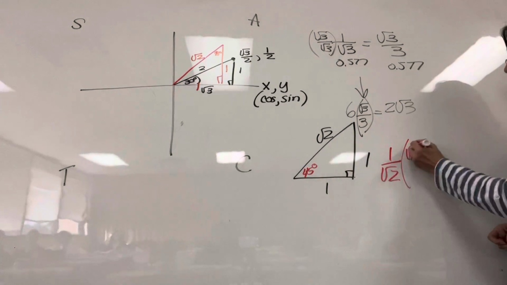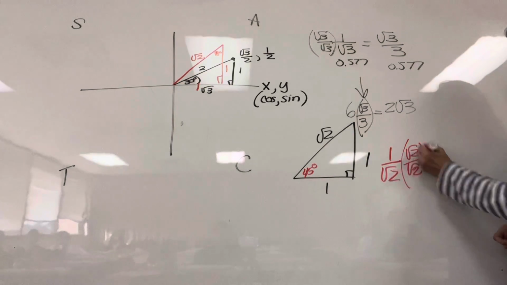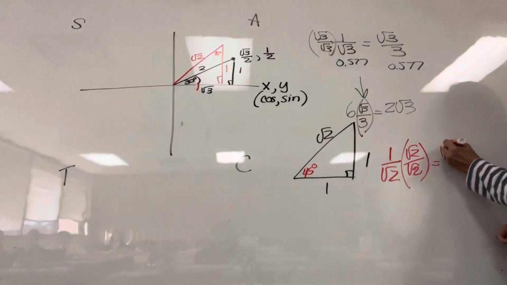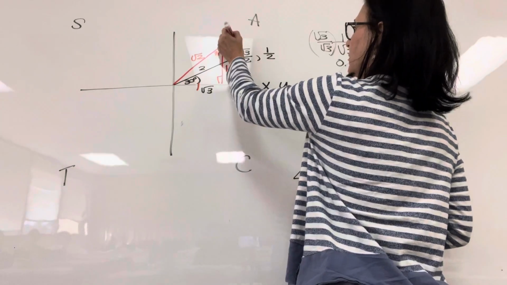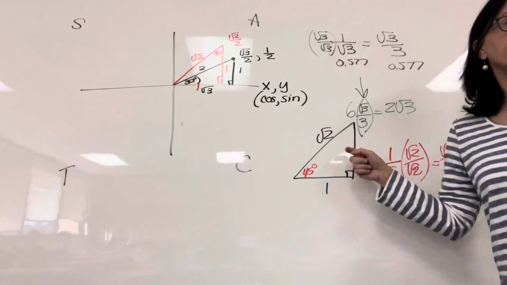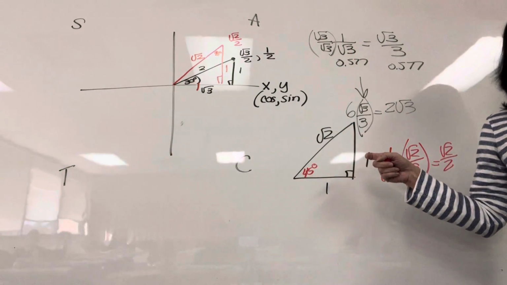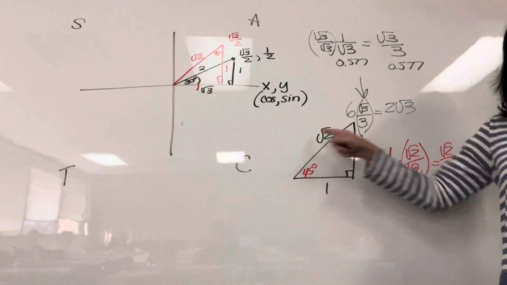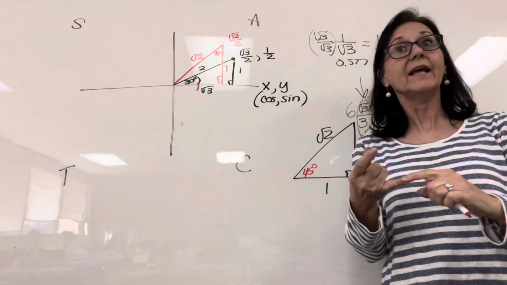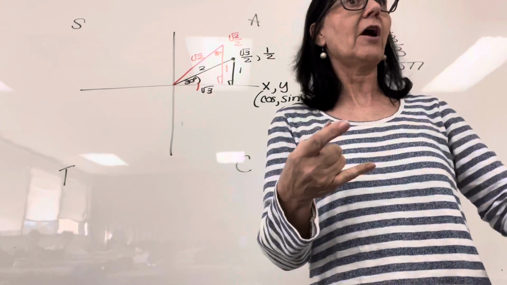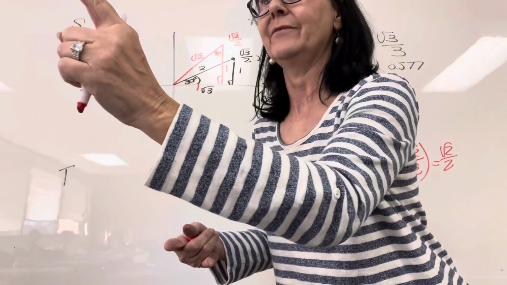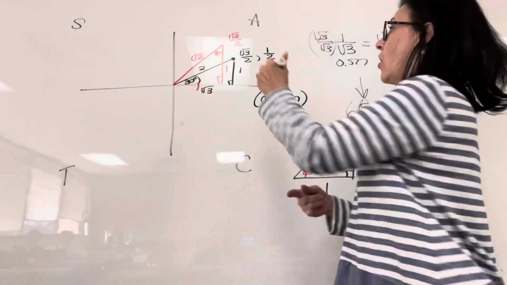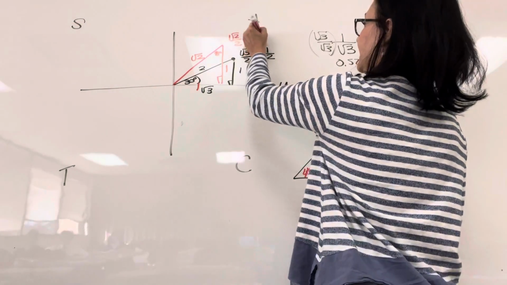No. We multiply by square root of 2 over square root of 2. And what do we end up with? The cosine would be square root of 2 over 2. What would the sine be? Square root of 2 over 2, because it's the same. So when I have a 45, 45, 90, what is true about the sine and the cosine? The exact same ratio, right? Their ratios are exactly the same.